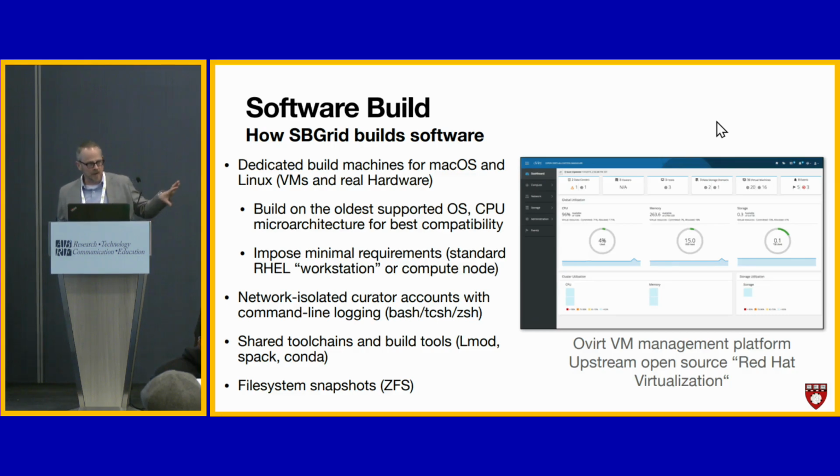So everything that every one of our curators does is logged. So if I want to know what somebody did when they installed software in 2014, I can go find out. Every command ever run for the last decade is in our logs, right? So it's also really handy when you try to figure out how was this installed 10 years ago. You can go and look it up.